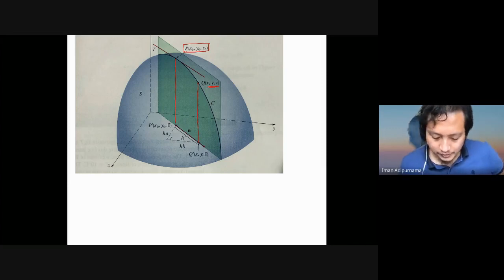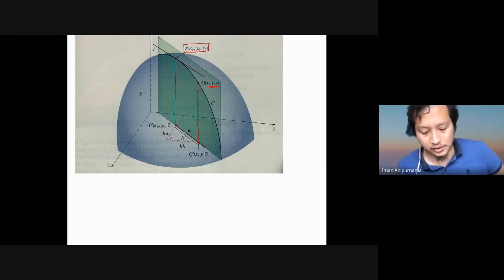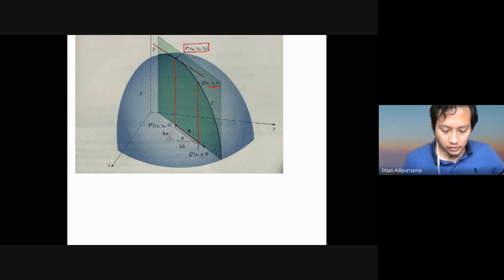Now we have this vector, the unit vector. If it has a scalar value h, then the x and y components of the vector are ha and hb. If we take the limit, then we include this ha and hb on x and y.